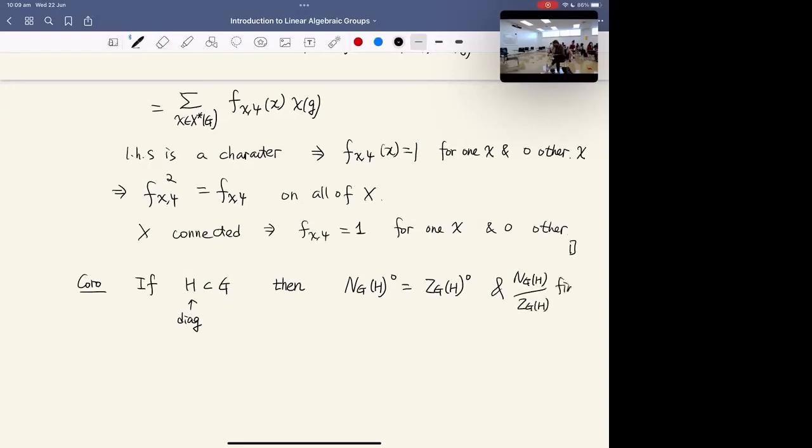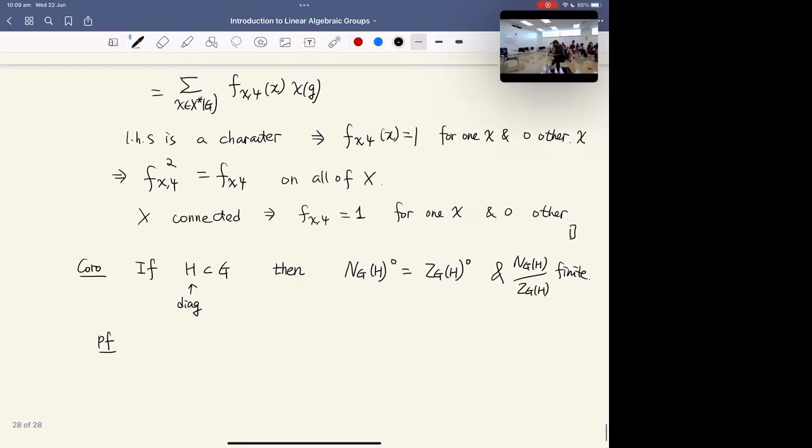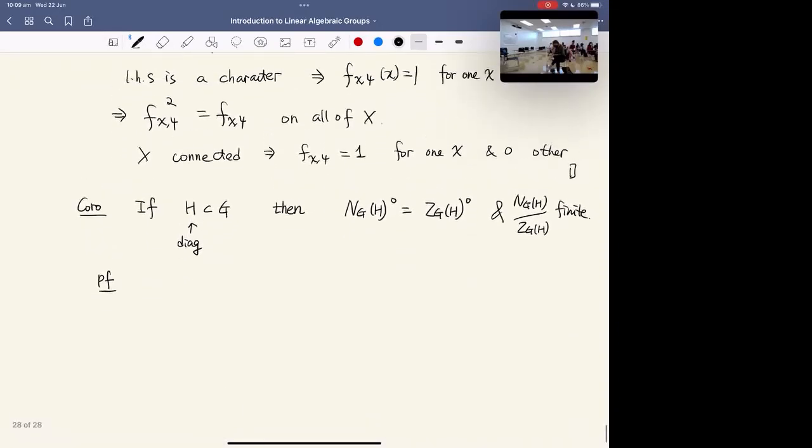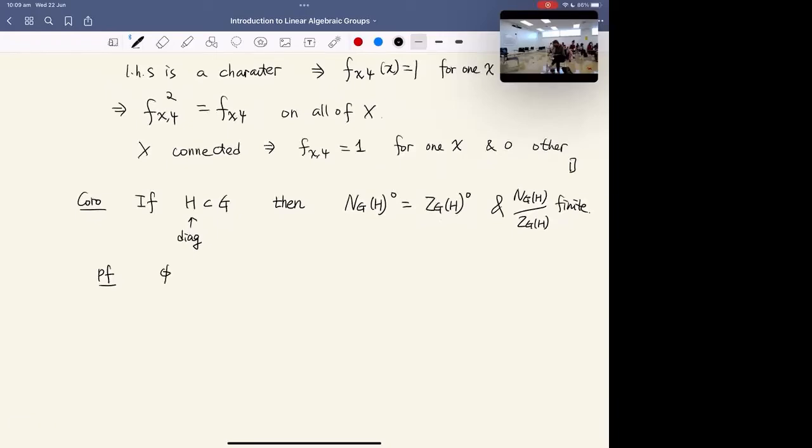For those of you who have seen Weyl groups, later on, when H is a torus, this will be the Weyl group that's important for us. The proof follows from the rigidity theorem.